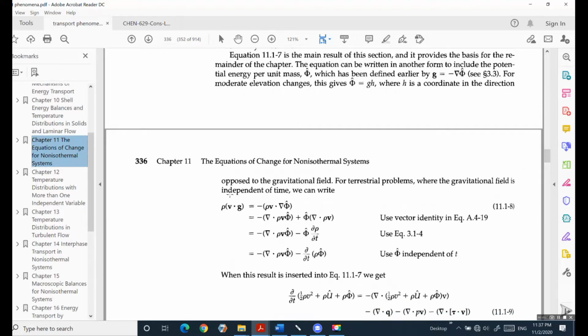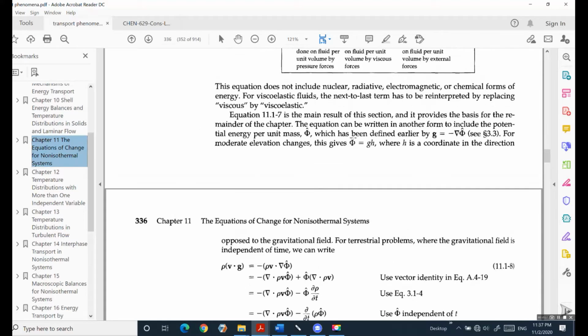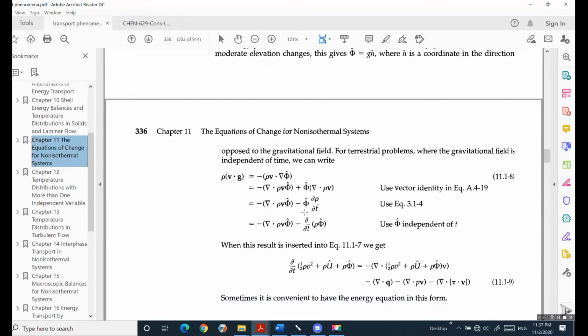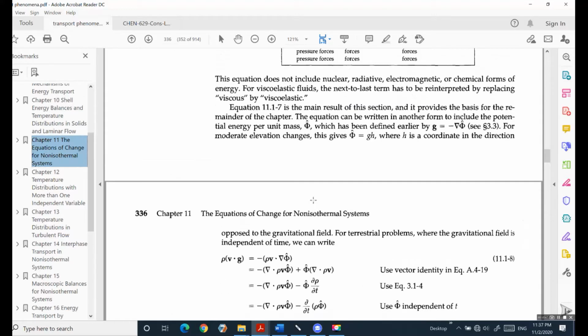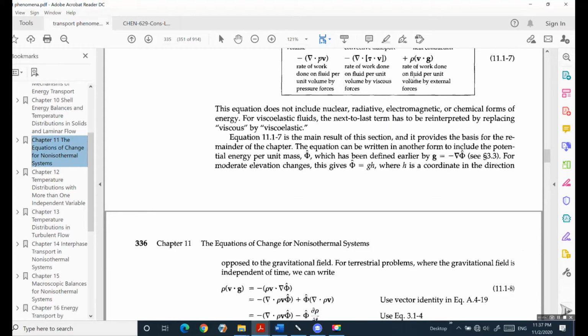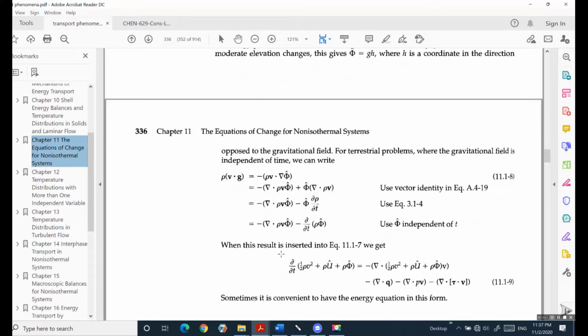Now we can write this term by inserting this term inside of this term. We can obtain this final one, and the partial derivative, the time change of this potential energy, is going to be zero. That's why we can have that term obtained here. And now instead of this term, we can write that term here, and we can just take, sorry, this is not zero.